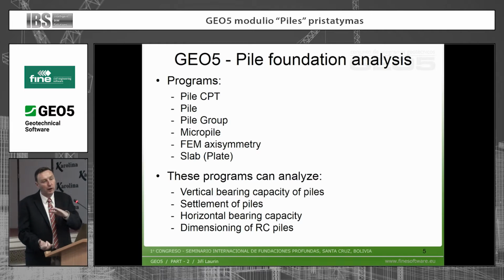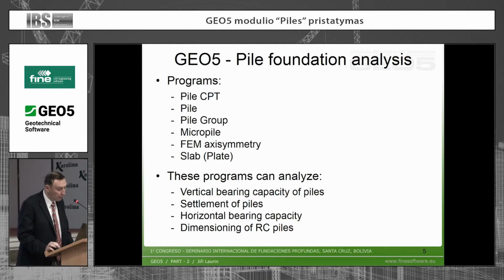The method here gives you some bearing capacity of the base and some bearing capacity of the shaft, and together it is the bearing capacity of the pile. Another program is Pile Group, which we have if you have more piles. Usually below an abutment you can use this, and of course theoretically you can use micropiles or the finite element axisymmetric model, but it's not so common.